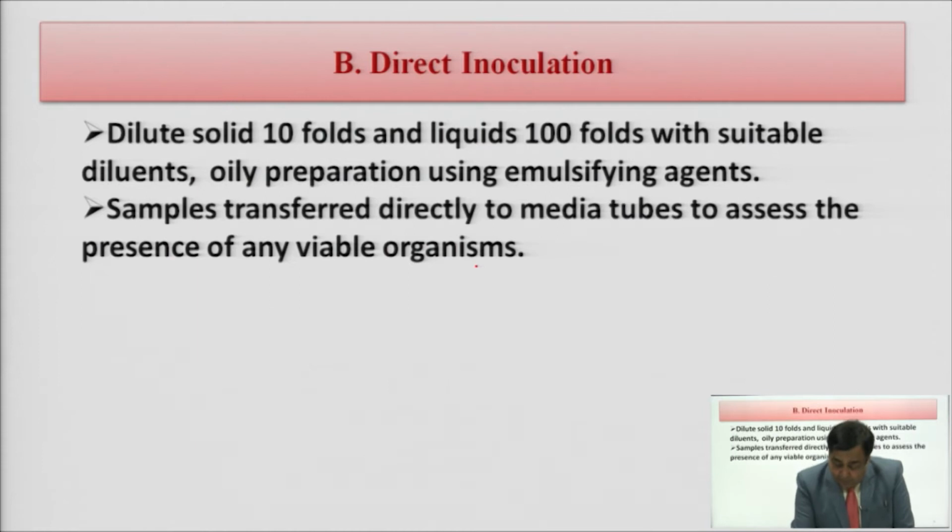And if the media in the tubes become turbid, or lose their transparent character, it means that the substance which you are testing has not been properly sterilized, and hence it will not pass the sterility testing.